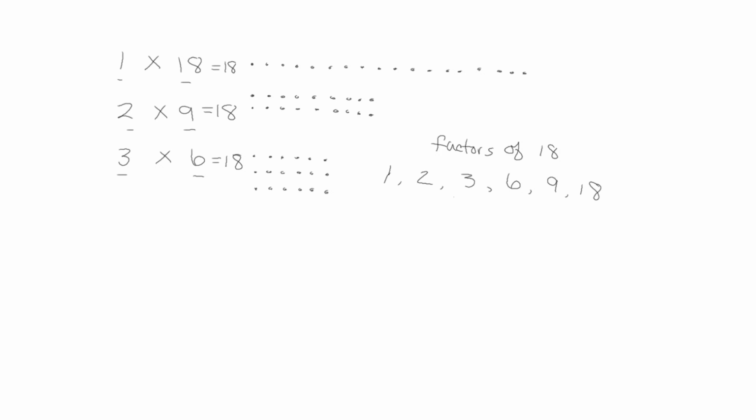And we can pair them up so that one factor times another factor is what gives us 18. So 1 times 18 is 18, 2 times 9 is 18, and 3 times 6 is 18. So each of these is a factor pair.